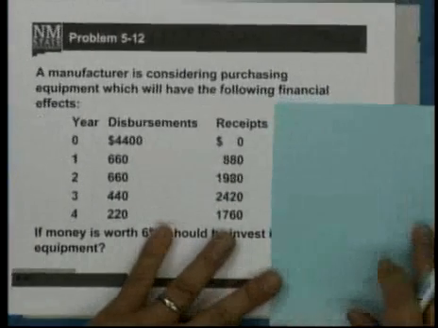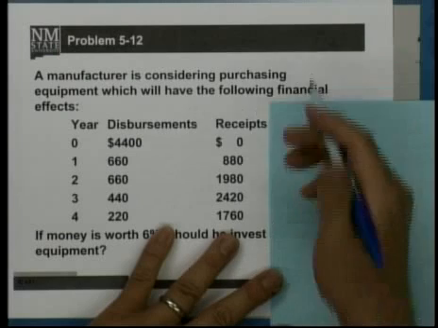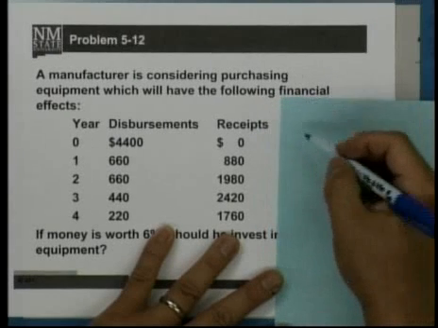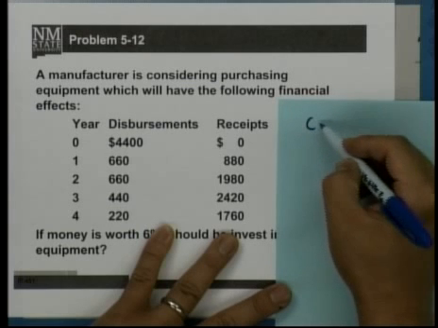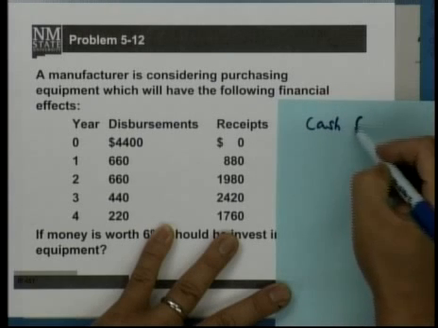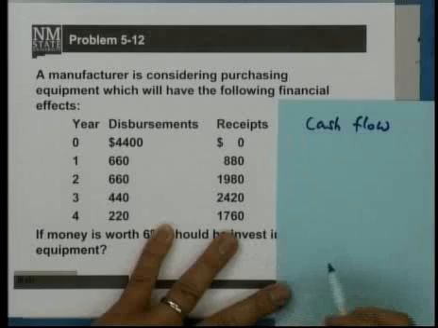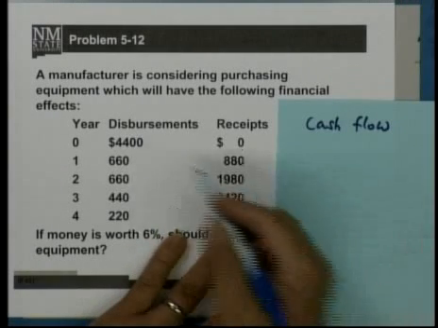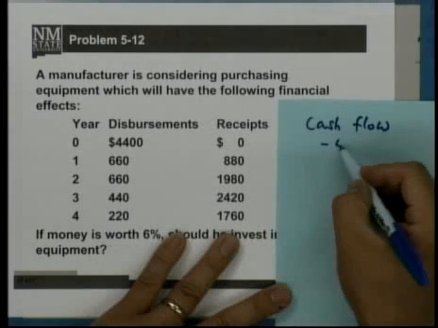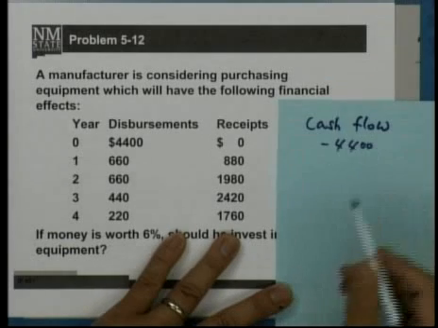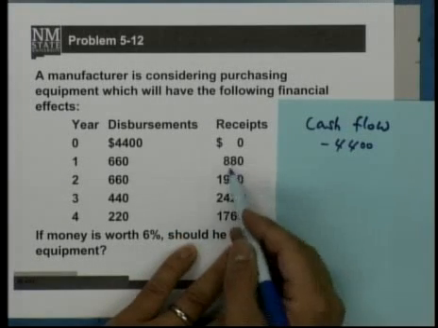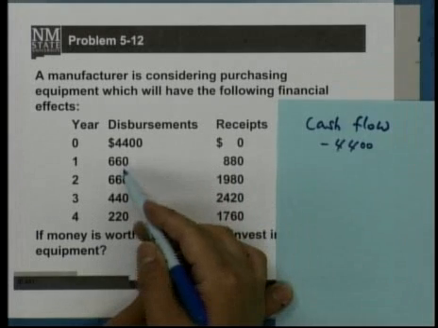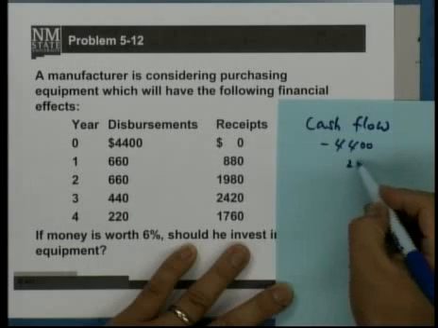So for each year, if I add one more column called cash flow, then this is going to be negative 4,400, right? And then 880 minus 660, which becomes 220.